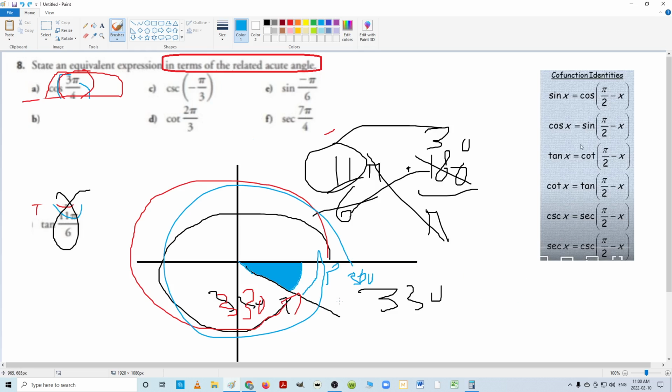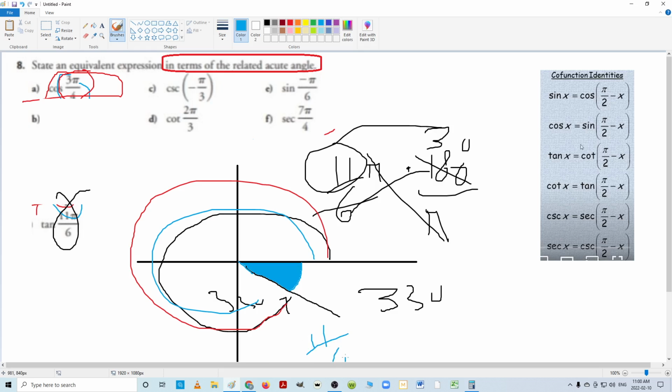Well, let's work in pi's instead. I know that 330 is 11 over 6. How much is the full thing? Well, it's 2 pi. So it's the same process. I'm going to take 2 pi and subtract, ignore this, that's not a negative, subtract 11 over 6 pi. To do that, I must put this over 6.